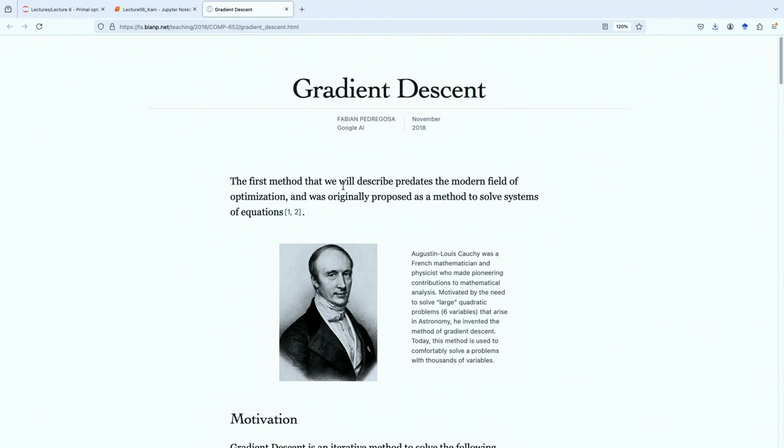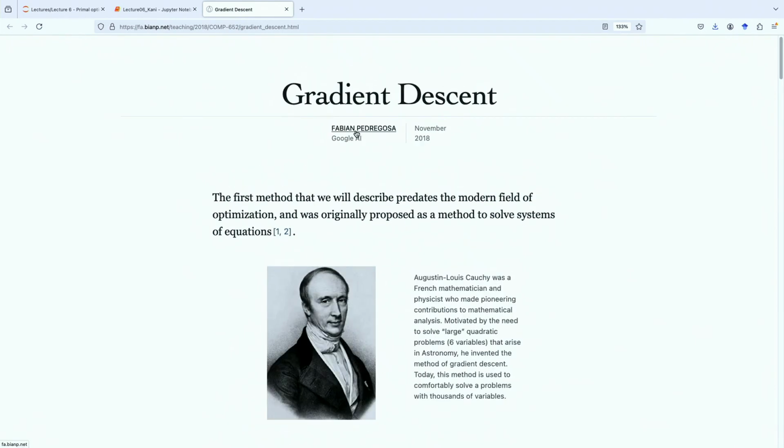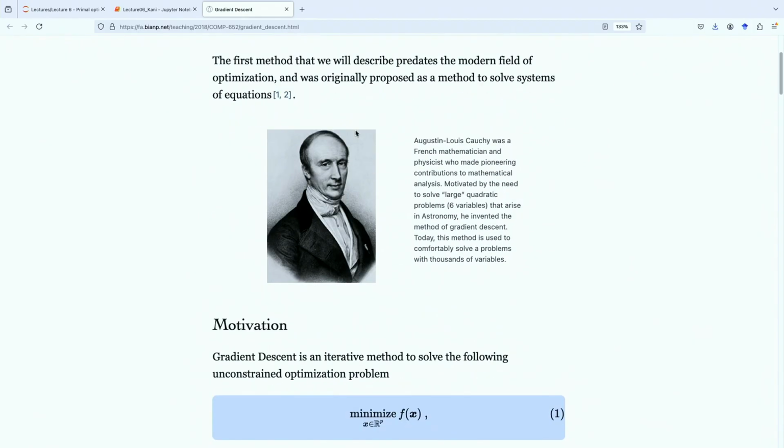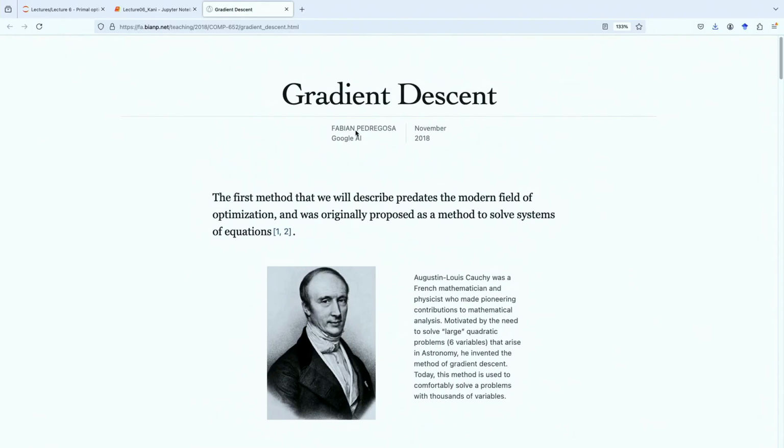So very well accomplished. Has a ton of citations, I think somewhere on the order of tens of thousands. But he has a nice little blog here. Highly recommend you check it out.